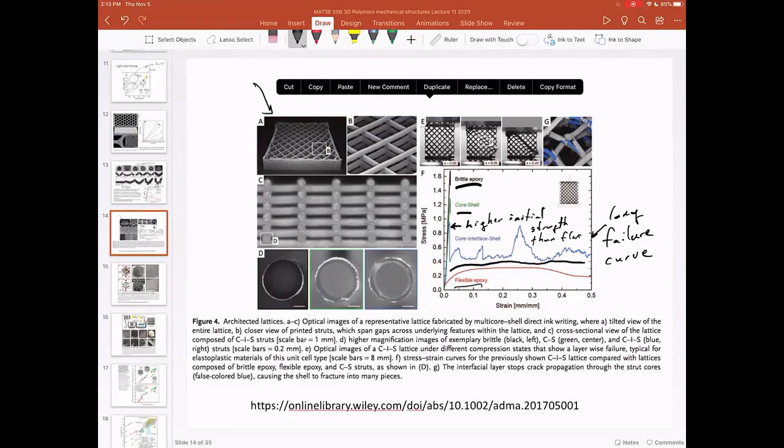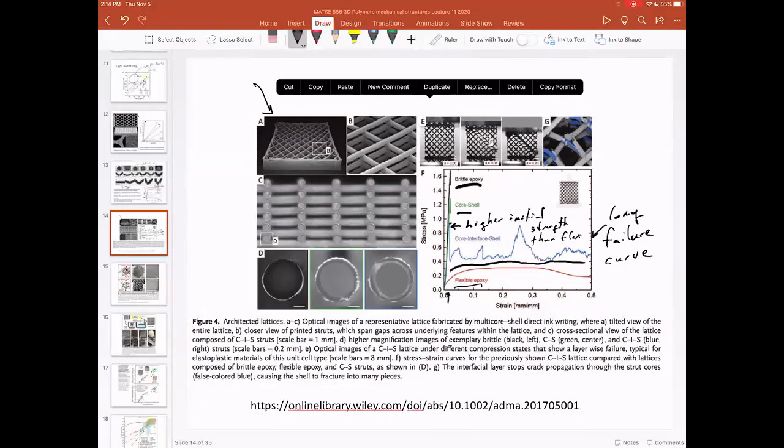Because you might say, well, I just want a tough material. Give me something that's really flexible. But flexible materials are not going to have this initial strength. And so at low strain, using this core shell approach, you still are able to carry these high loads.